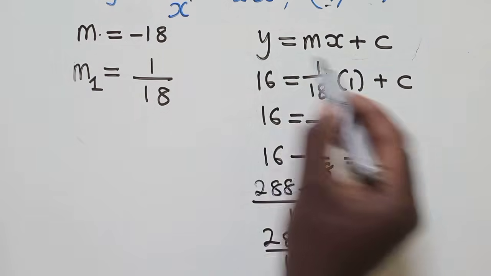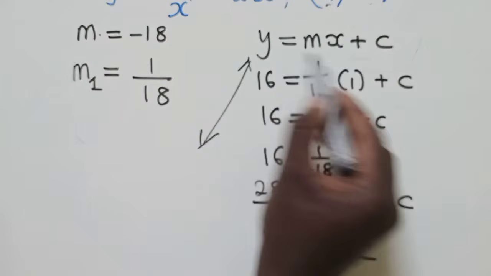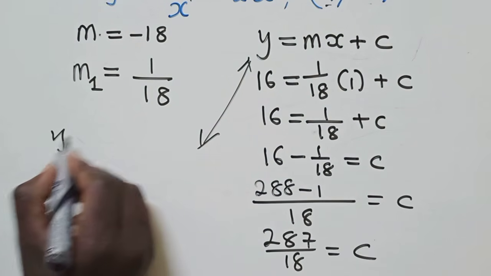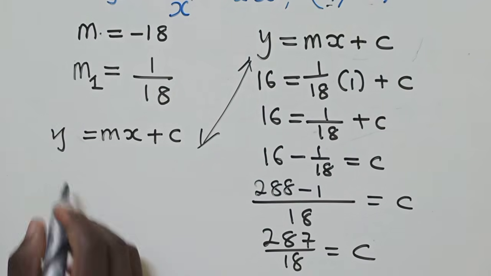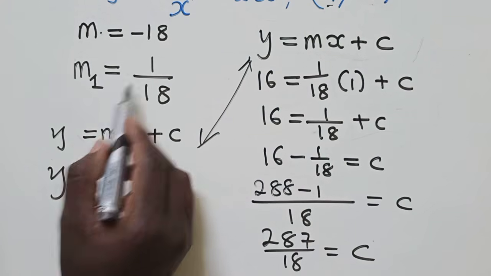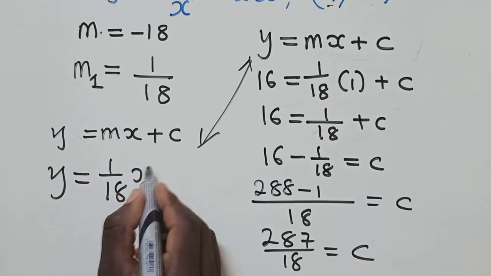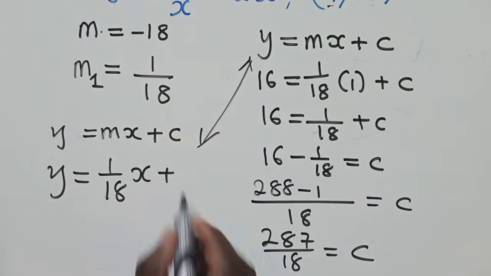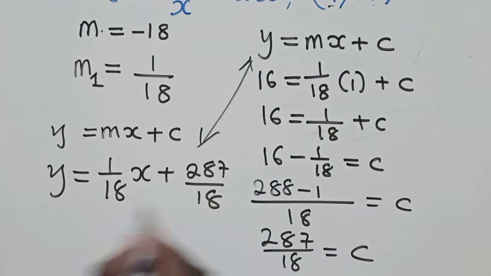And then we come back to this point here, we get the equation y is equal to mx plus c. So write y is equal to, what is our m? Our m is right here, it's 1 over 18. And then the x, we write it back. The c is 287 over 18.